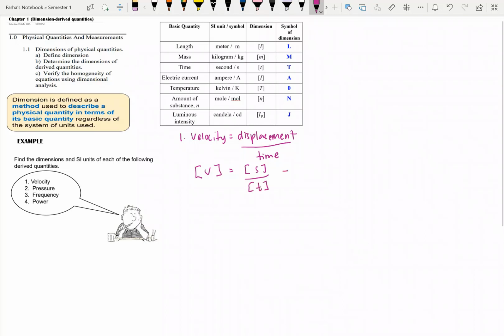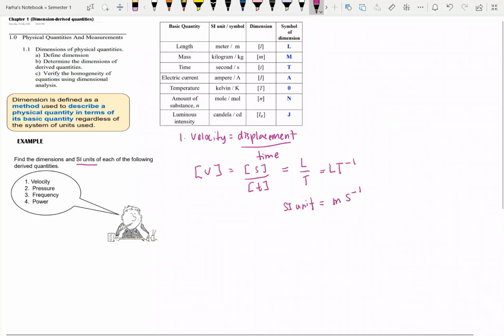For the displacement, the dimension is L, and for the time, the dimension is T. So we simplify, we get LT^-1. This one is the symbol of dimension or the unit in dimension. But the question asks to state the answer in SI unit. So the SI unit is equal to meter per second.